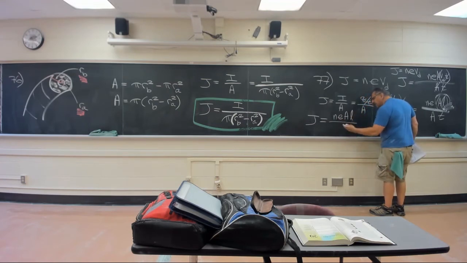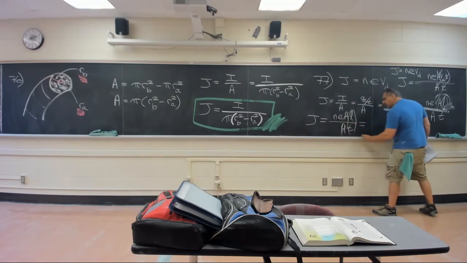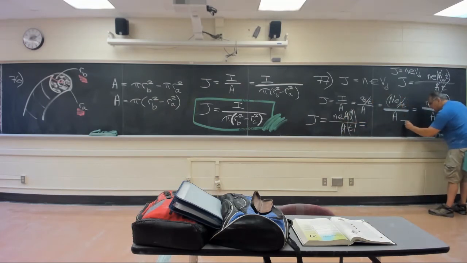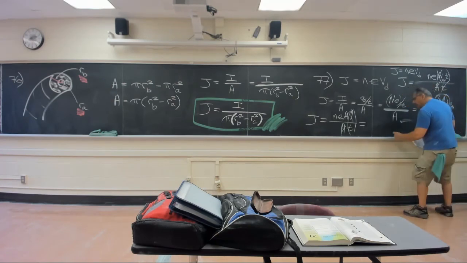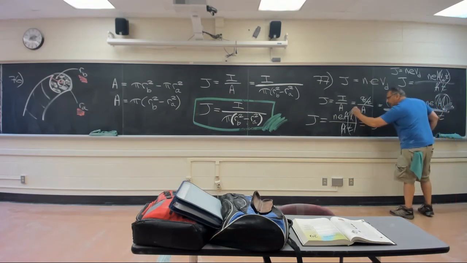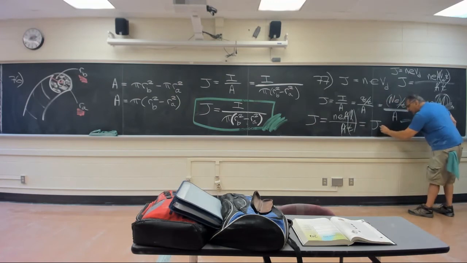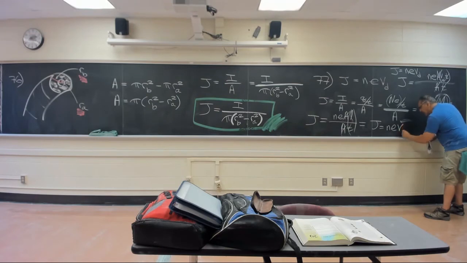All this divided by t is Q over t, that's I. Divided by A, you get I over A, that is J. Wait a minute, this L over T is V sub D. These cancel, and you get N, E, V sub D.